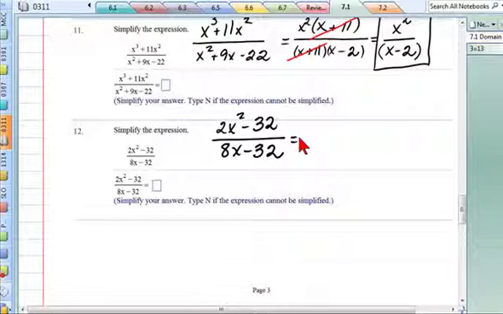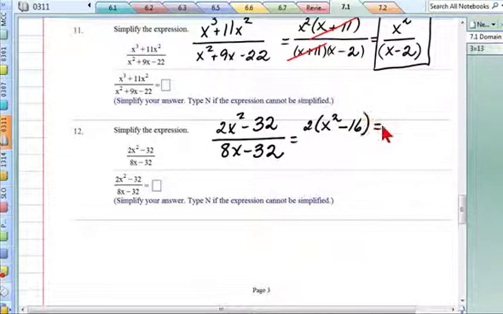2 is a common factor. Always look for the common factors. If I factor out the 2, that will leave me with an x squared minus 16. Now, I'm looking at this binomial, x squared minus 16, and I'm thinking maybe we can factor further.